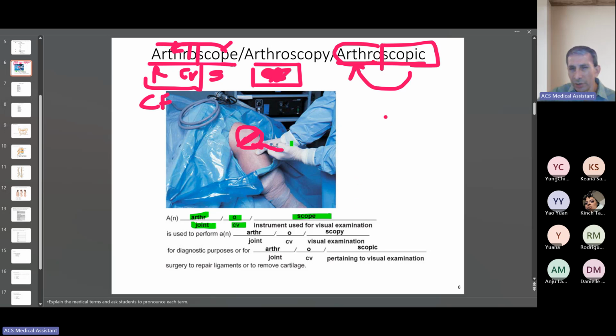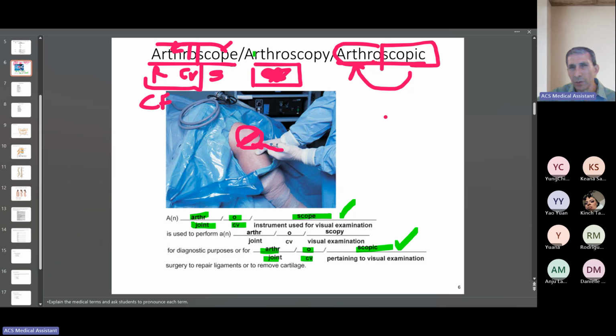This is the instrument that we're using here. Then we have arthr, which is the joint again, o the combining vowel, and scopic, pertaining to visualization of. So this is the instrument that is used to visualize this. This is pertaining to the instrument.